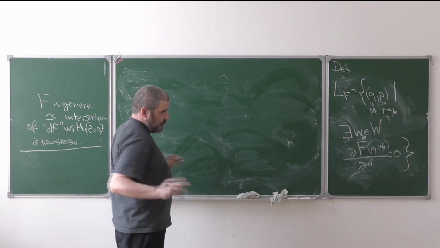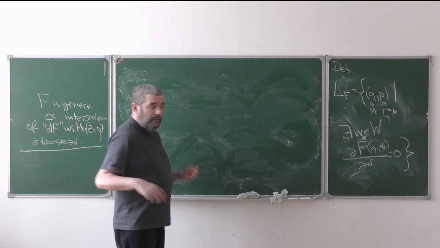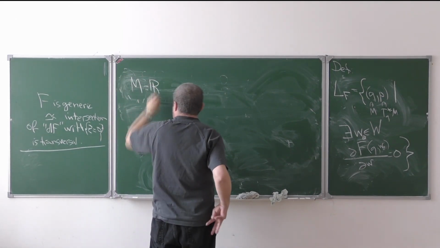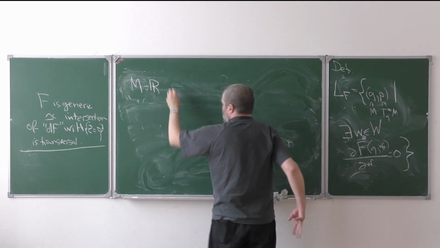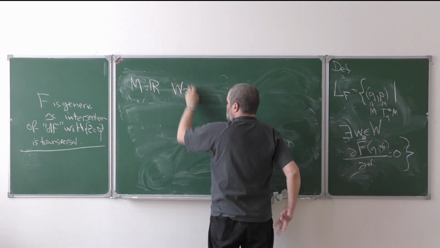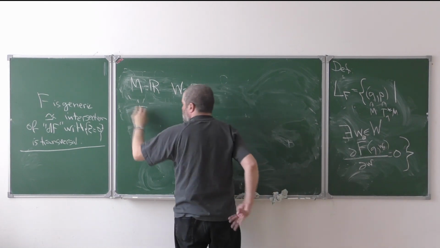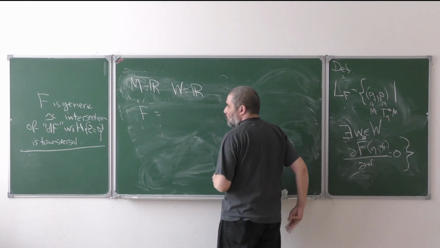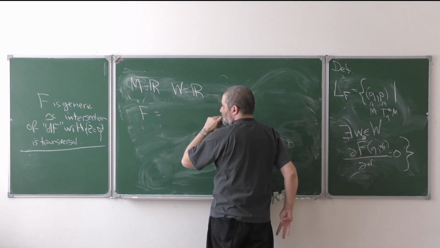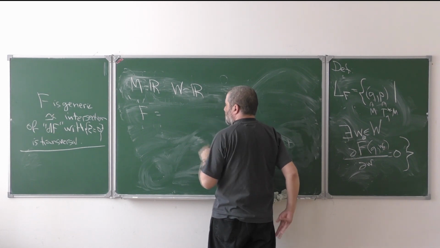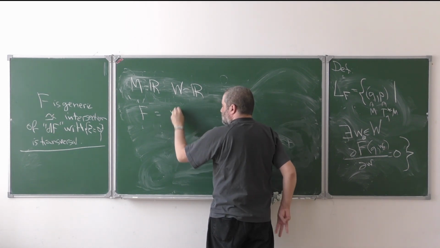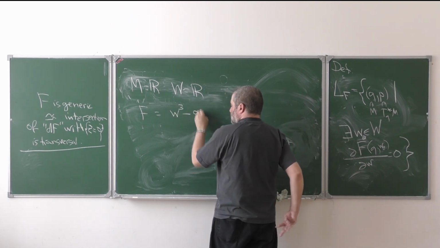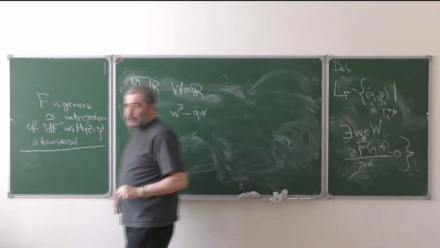In my first example, M is R and W is also R. And the function F is like that.